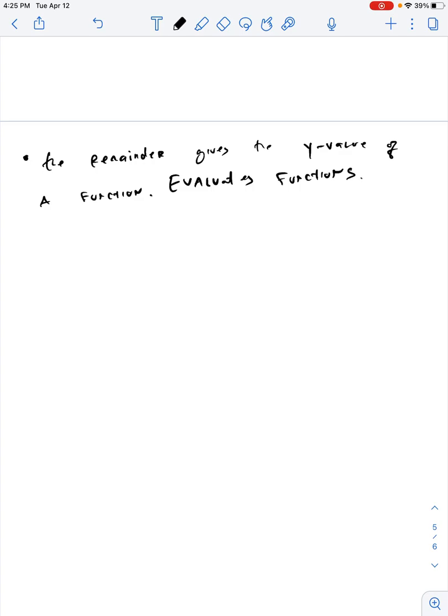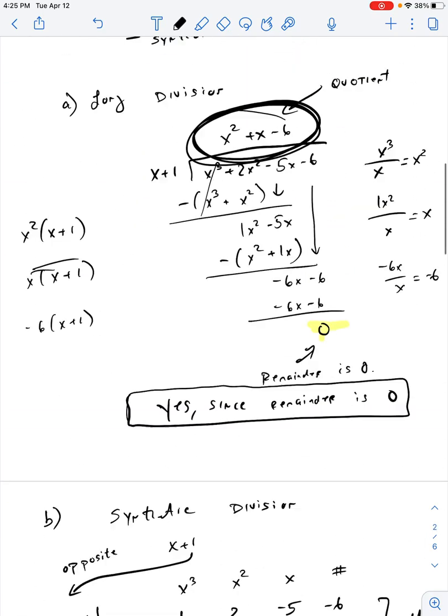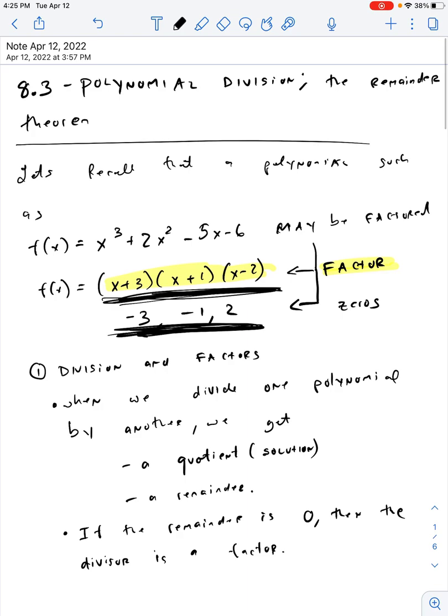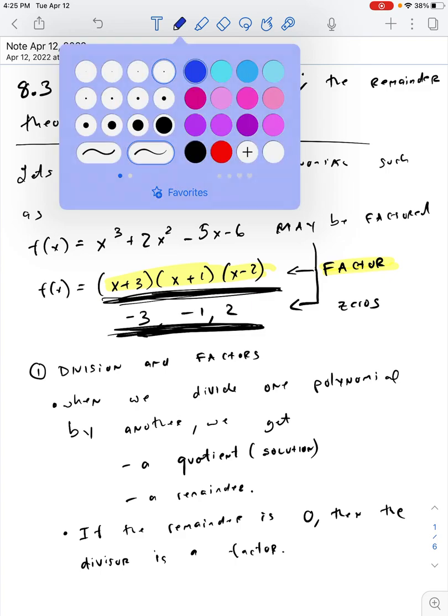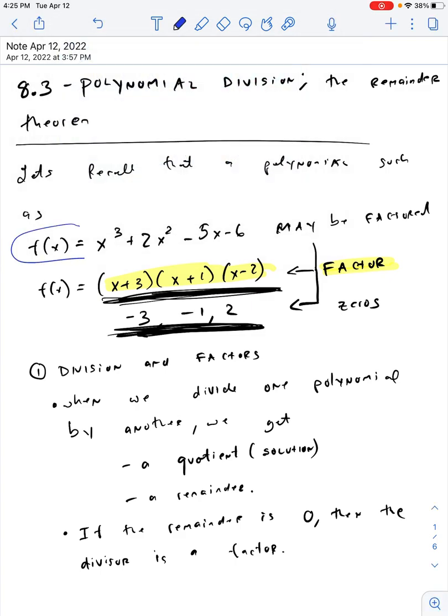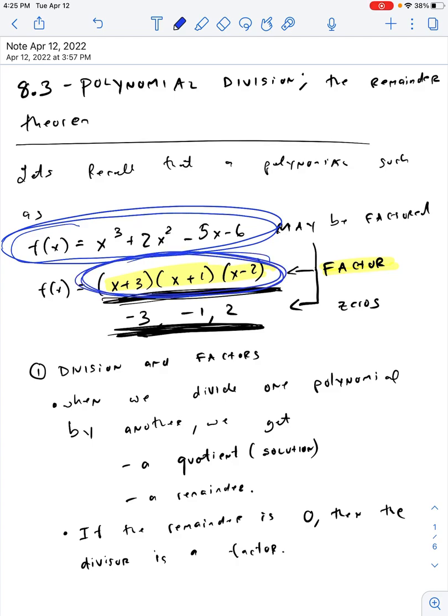Right, I think it's really important to understand. Let's go back to our first example. What we see in this first example is we're working with this polynomial, and we know that all of these are factors.